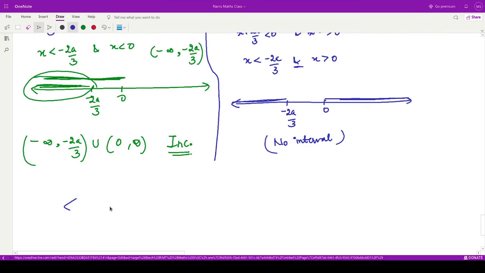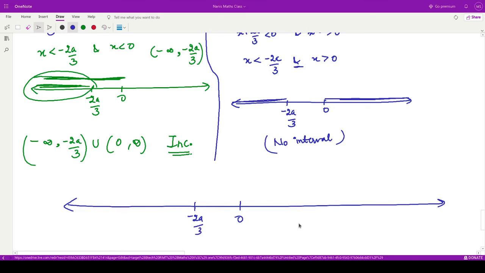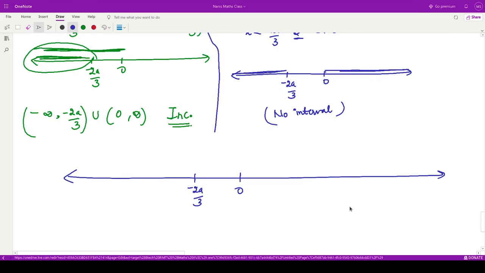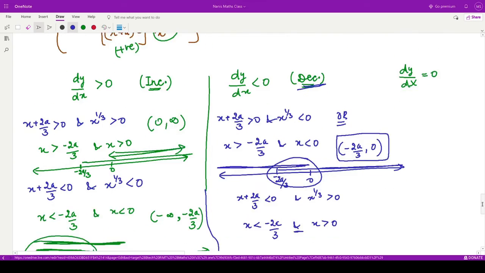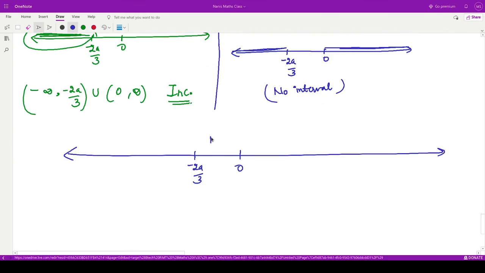So let us see what we have. We are saying this is a real line, this is the point 0, this is some point minus 2a upon 3, and within this interval, minus 2a upon 3 to 0, our function is a decreasing function. So here the function is decreasing, and in the interval minus infinity to minus 2a upon 3, our function is again an increasing function.